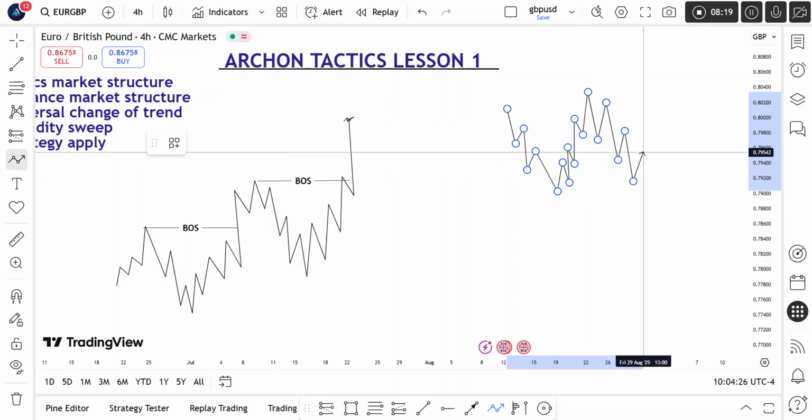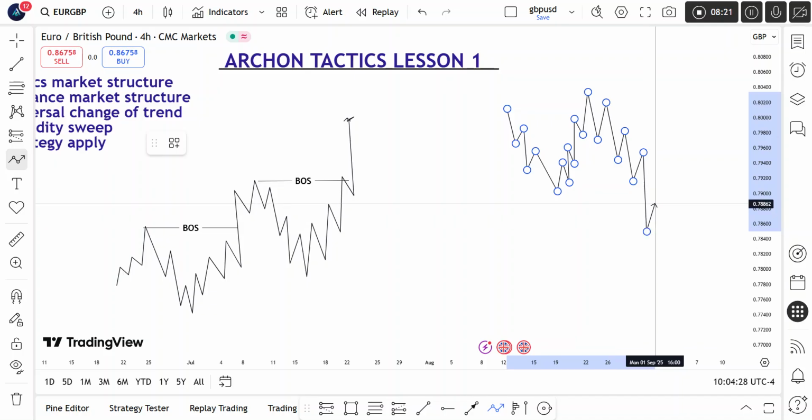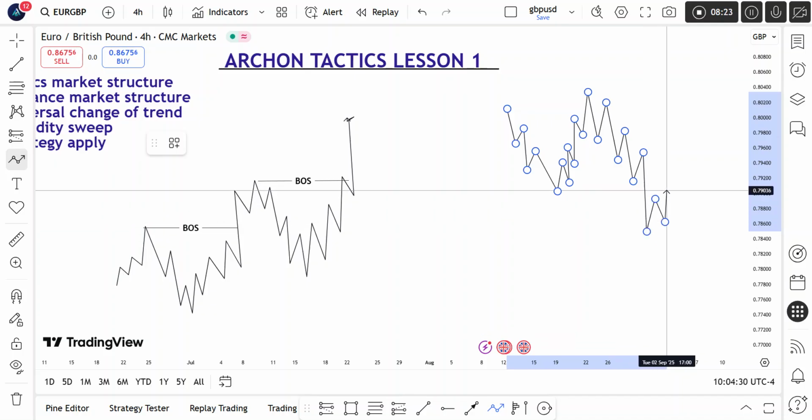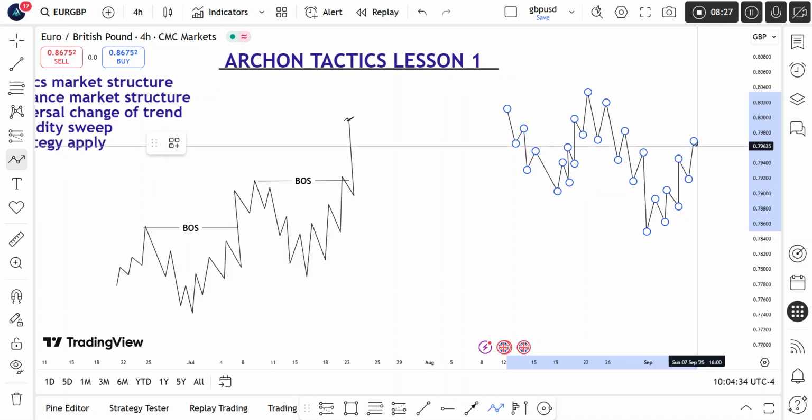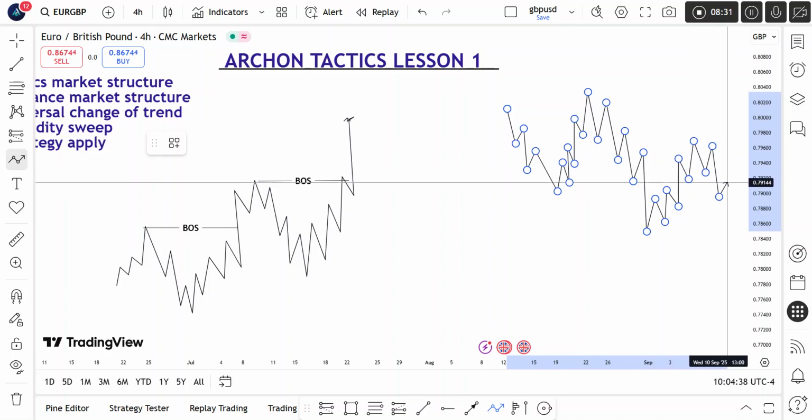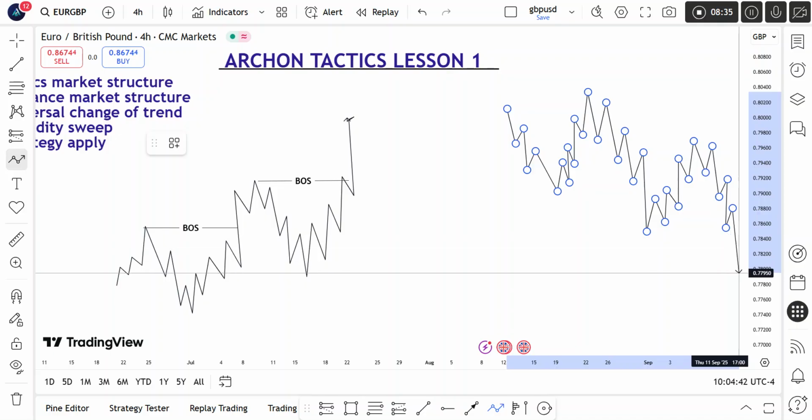Market is moving like this. Market is moving like this now.